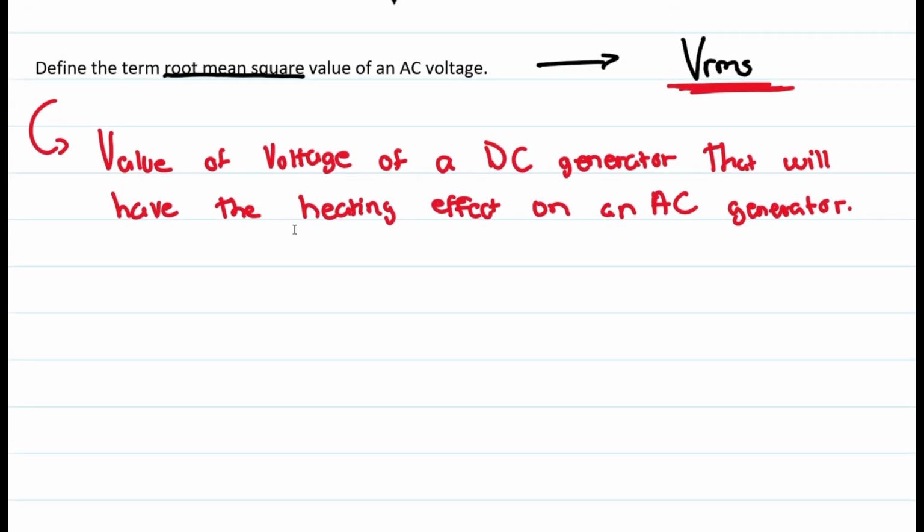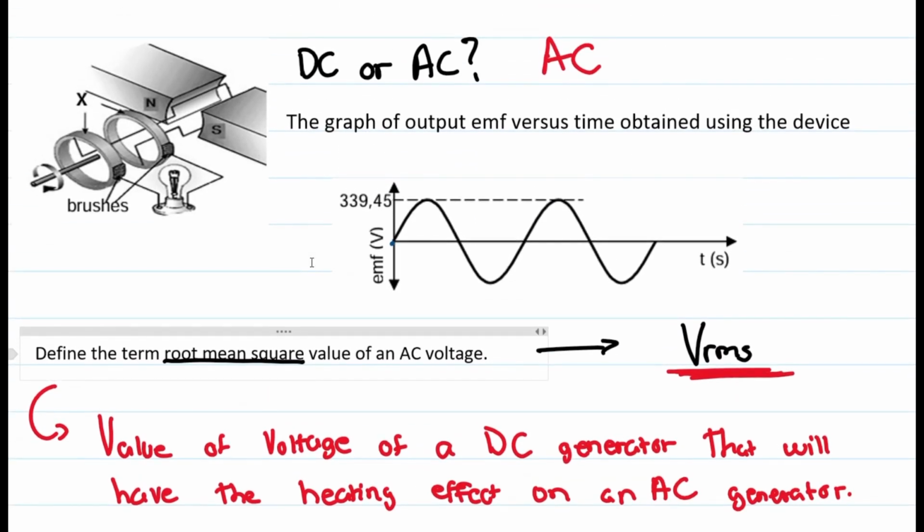Remember, the voltage of AC and DC is always changing, but we can talk of the average between the voltage of AC and DC. That is Vrms. It's like the average voltage between AC and DC.